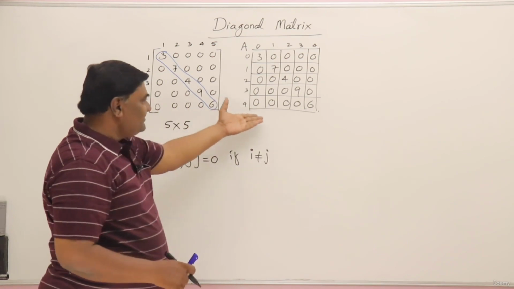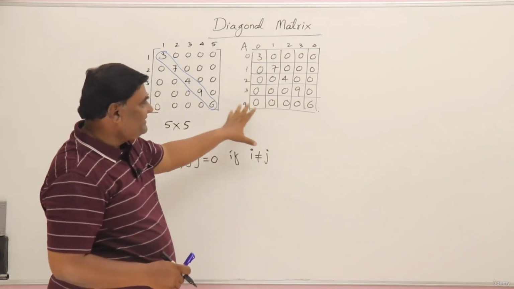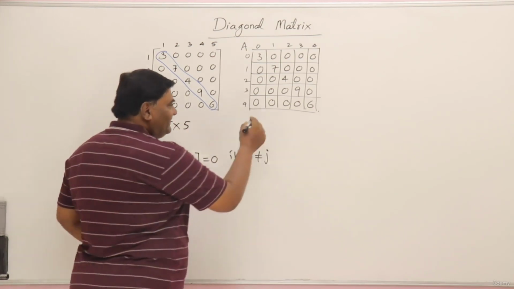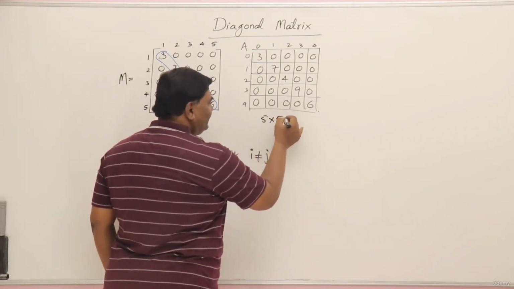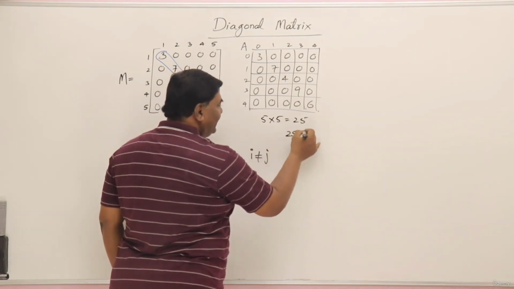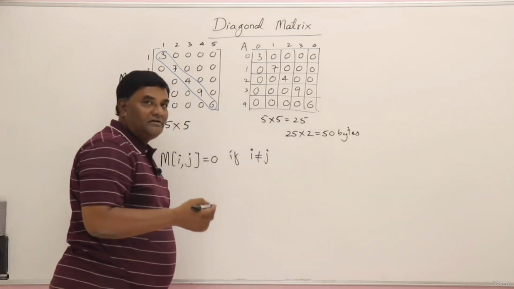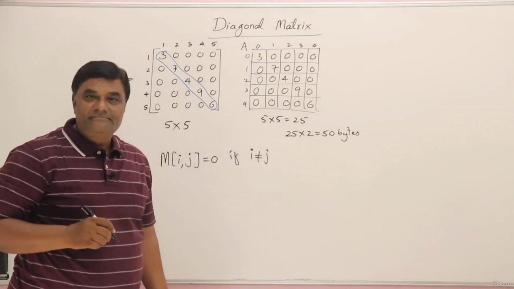If these are integers and an integer is taking 2 bytes, then how many bytes of memory is this array consuming? There are 5 into 5 elements, that is 25 elements, and each element is taking 2 bytes for an integer, so it is taking 50 bytes. 50 bytes of memory it's consuming.